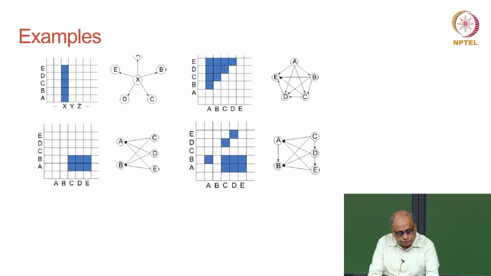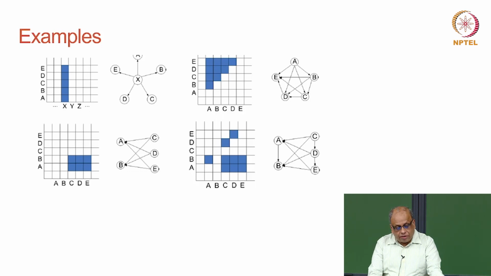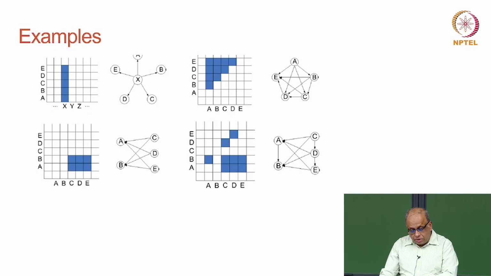Okay. So these are examples of visualizing a graph using the adjacency matrix. You can understand how these matrices are formed. For example, X is connected to all these nodes. So we have a path to all these nodes.